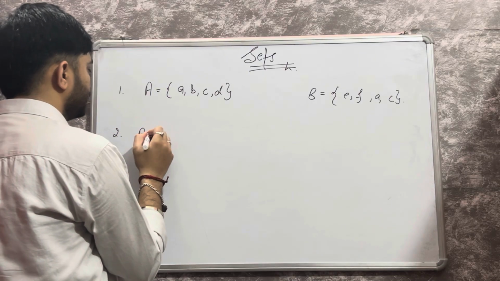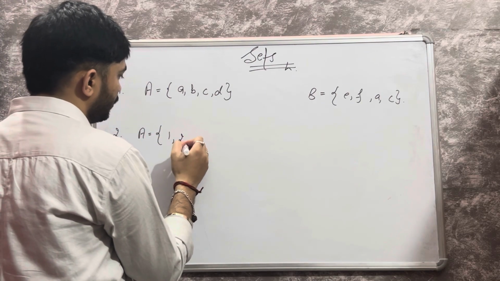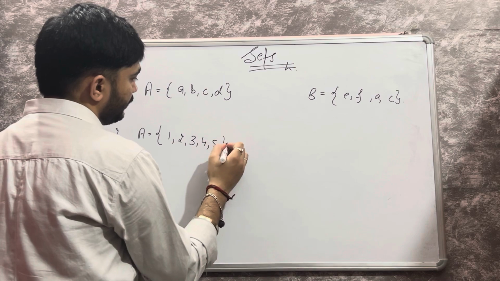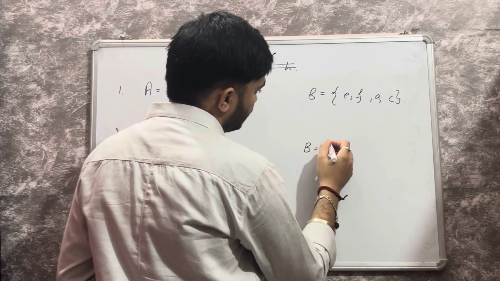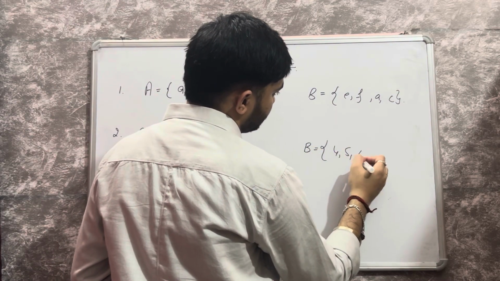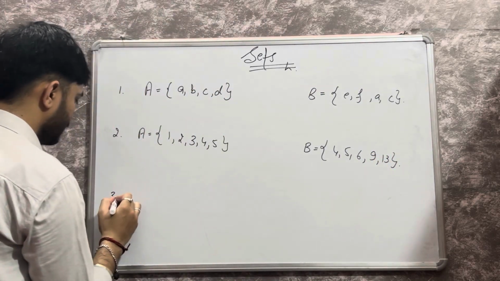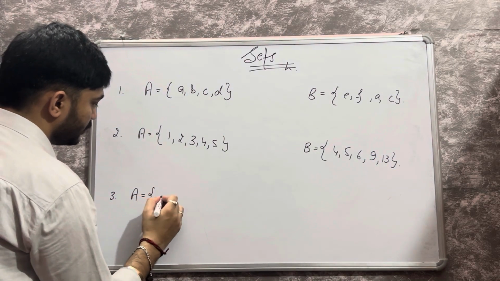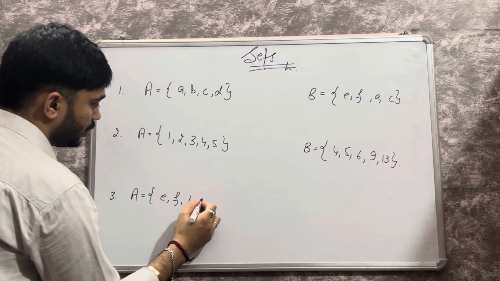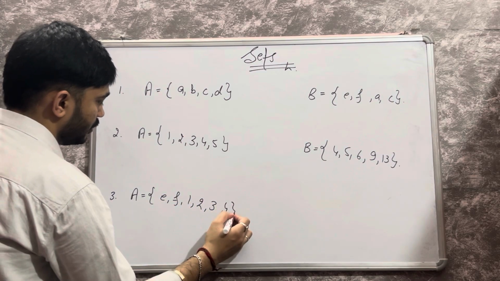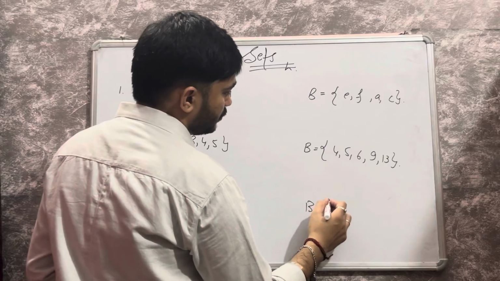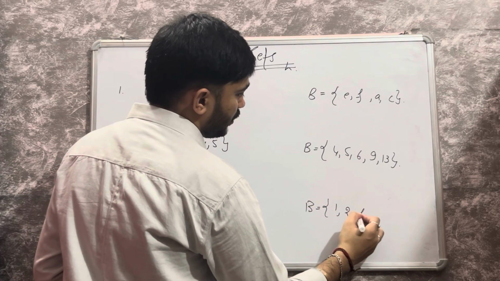Second, A is equal to {1, 2, 3, 4, 5}, B is equal to {4, 5, 6, 9, 13}. Third, A is equal to {e, f, 1, 2, 3, 4}, B is equal to {1, 2, f, g}.